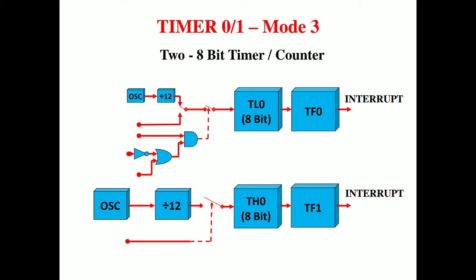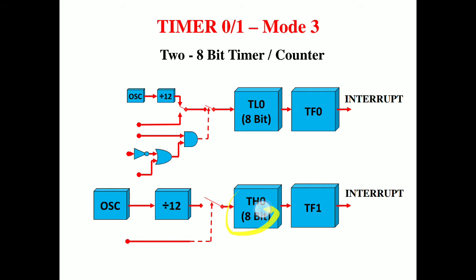So again, if we want to use timer 1 as a counter or incrementer, for various applications, in that case no control signals are available for timer 1. That is, timer 1's control bits are already consumed by the TH0 timer.